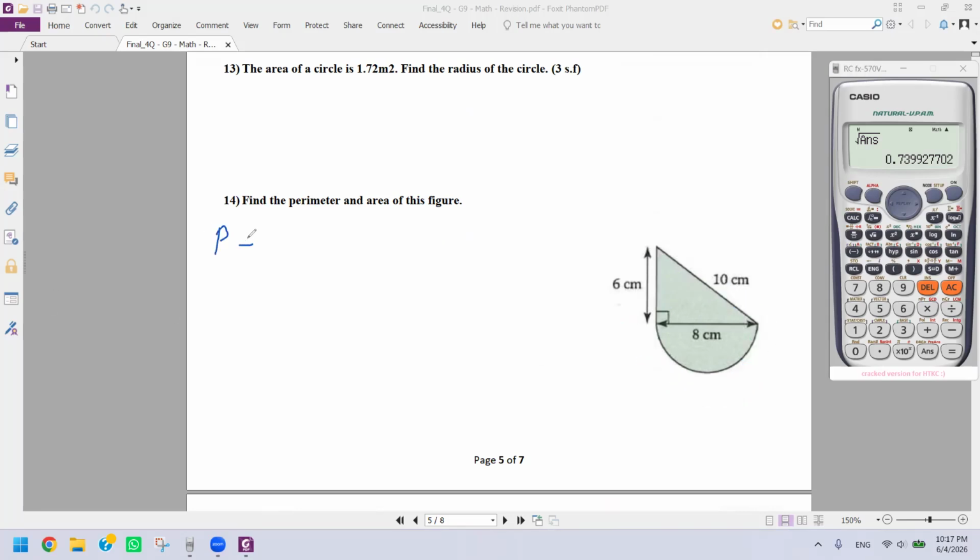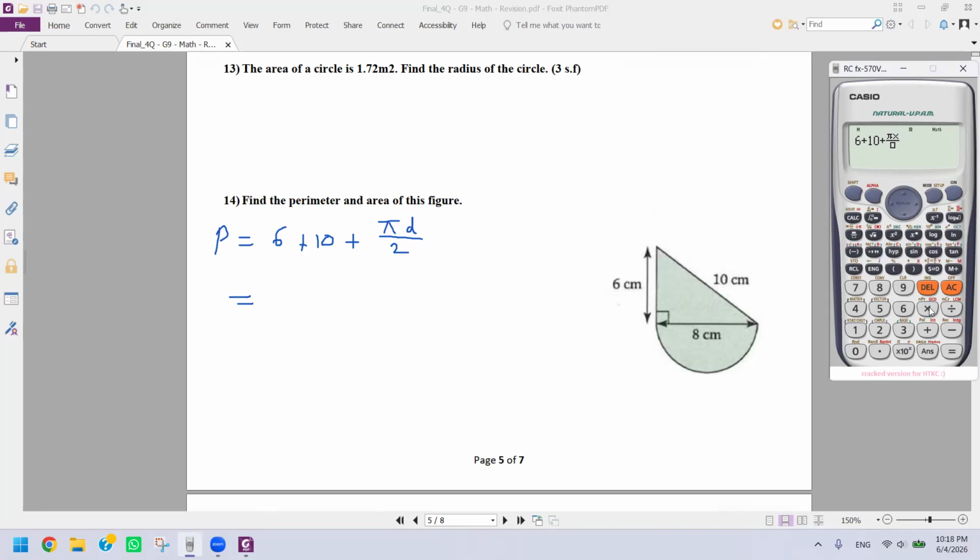So perimeter is equal to 6 plus 10 plus, now look guys, I need to do the circumference, pi d, and it's not the full circumference, it's half of it because this is a semicircle. Let me do it in the calculator. 6 plus 10 plus, now fraction, pi times d.